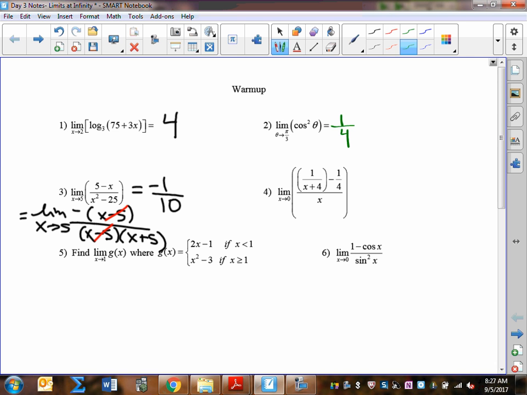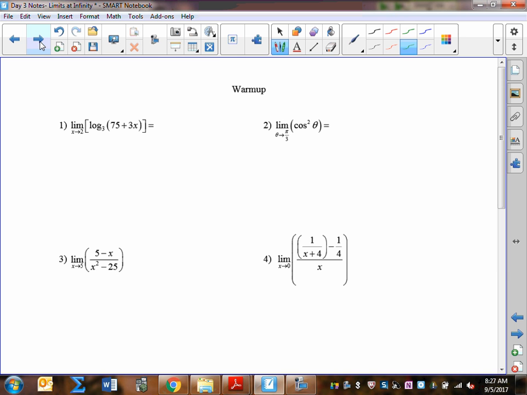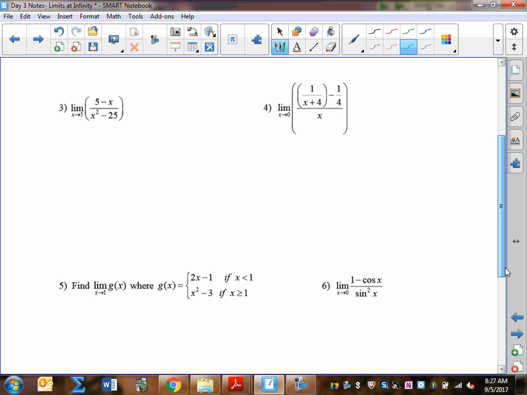Okay, so I have the limit as x approaches 0 of 1 over x plus 4. I needed to multiply this guy by 4 over 4, and over here, minus 1/4, I needed to multiply by x plus 4 over x plus 4.